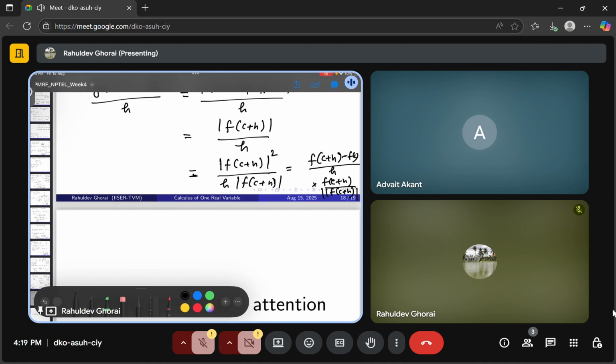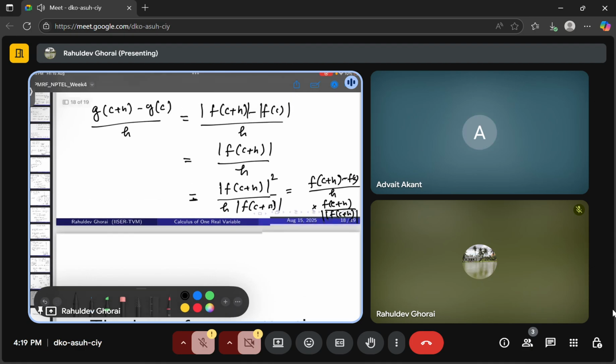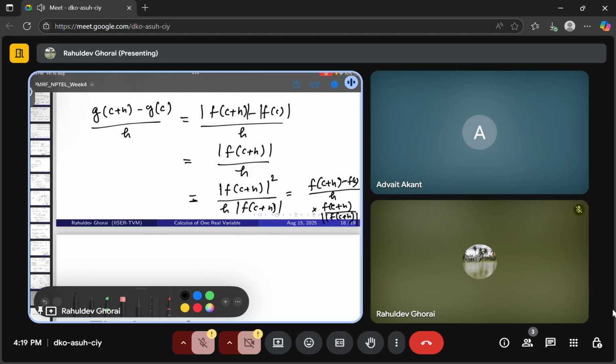Only when it is equal to 0. Why does it have to be only 0? If it is 0, that is okay, g prime will exist. Otherwise, from here itself we can say it will not.